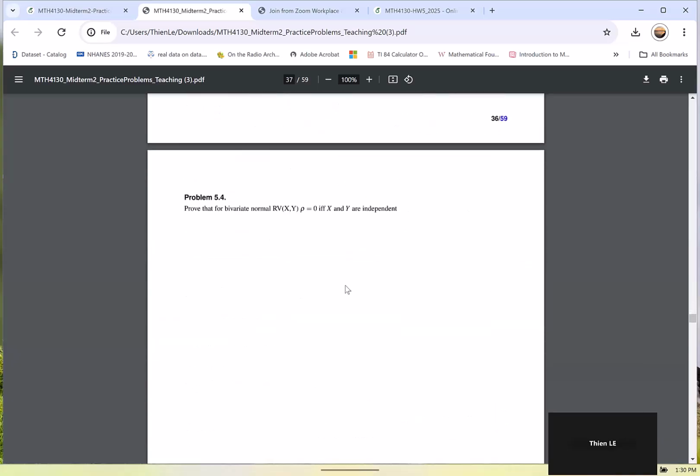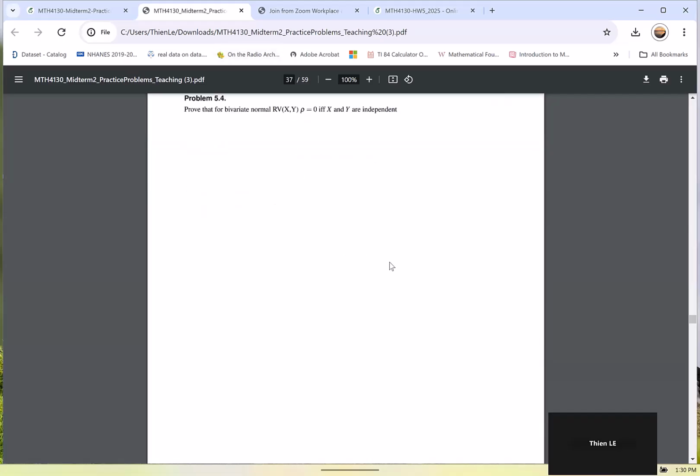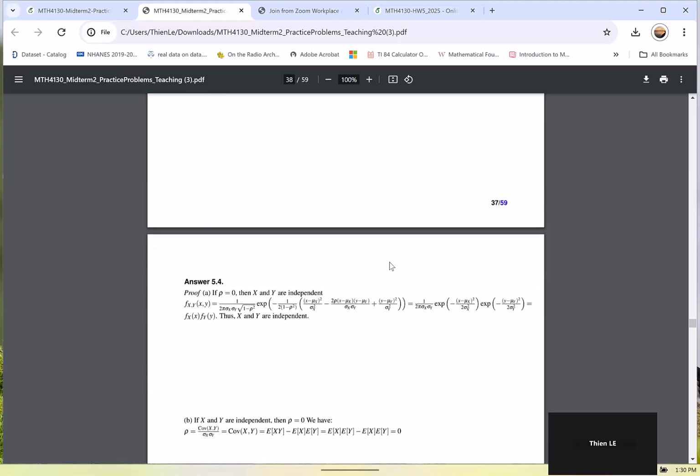Prove that for bivariate normal, the correlation is 0 if and only if X and Y are independent. So two directions, right? If rho is 0, then X and Y are independent; if X and Y are independent, then rho is 0. For the first case, when rho is 0, then X and Y are independent.